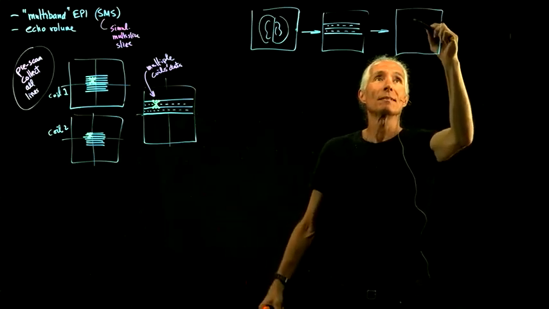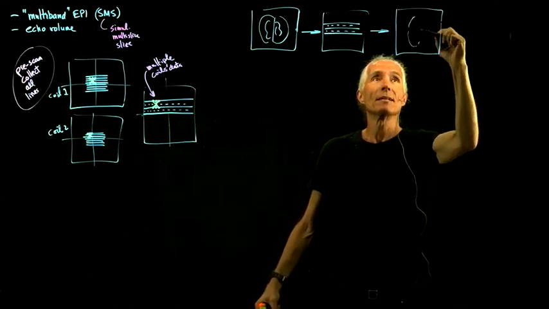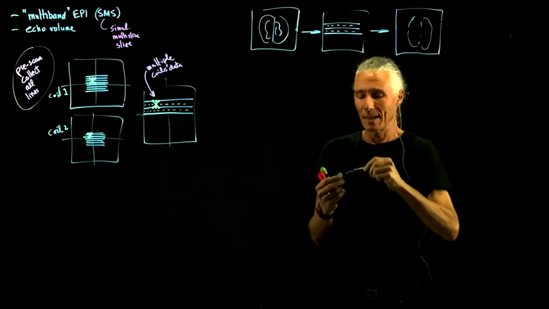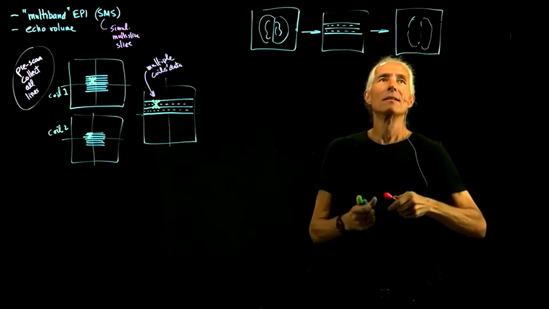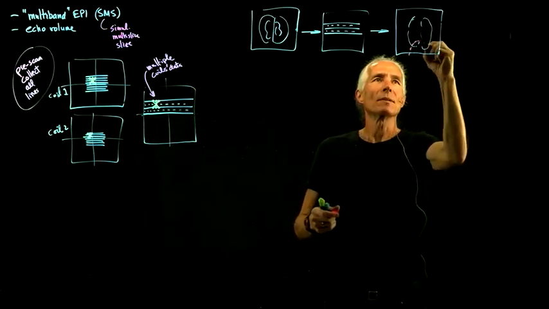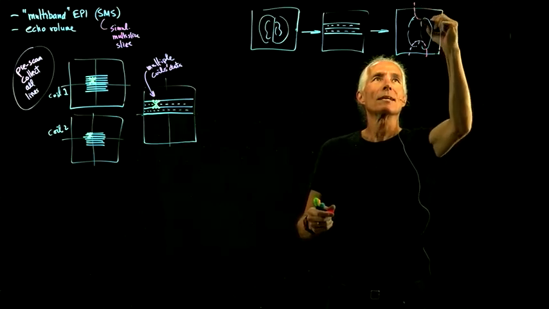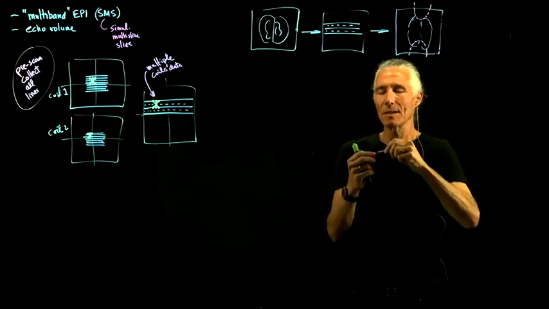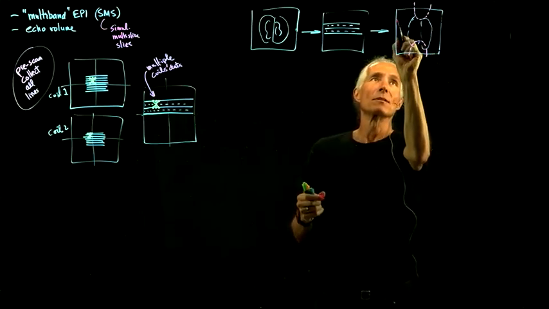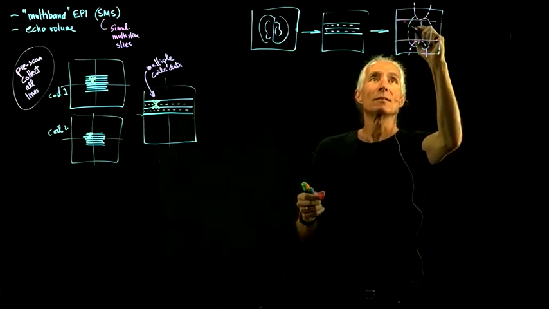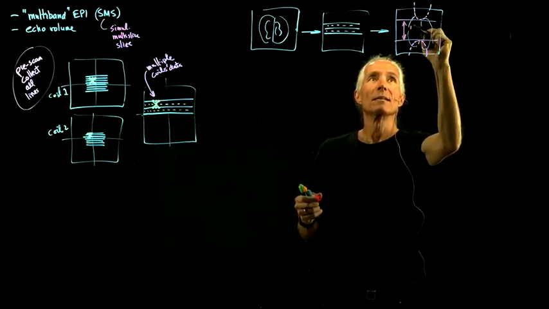So here's the brain, but then it ends up with these replicas intruding from the surrounding guys, and so it ends up halving your field of view. So your field of view just gets half of what it is.